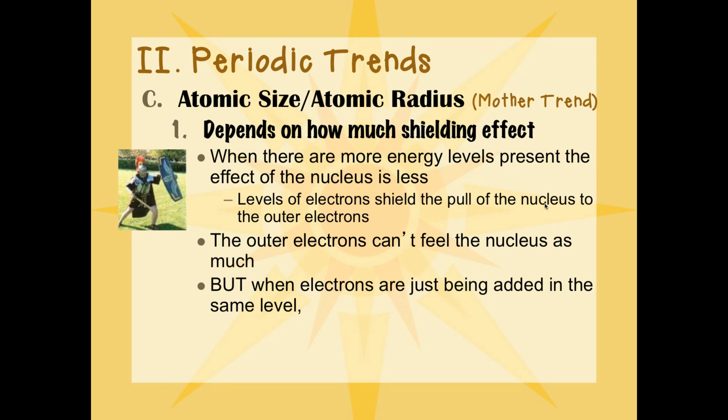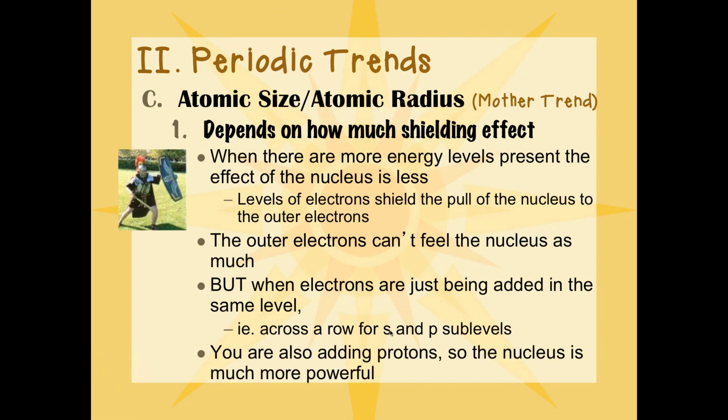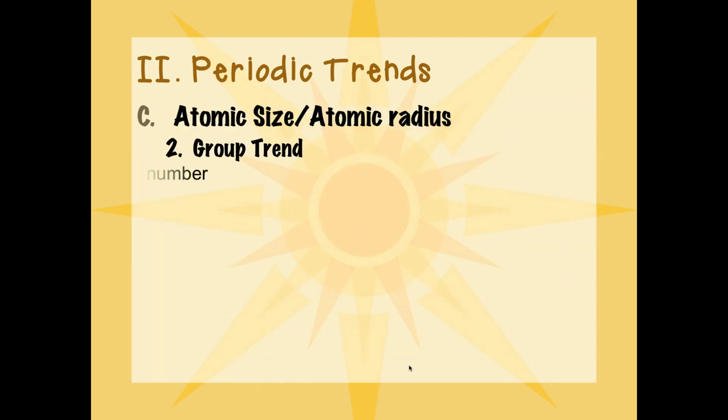But if you're adding electrons in the same level, for example as you go across a row of the periodic table, you're not adding energy levels, you're adding electrons in the same level, but you're also adding protons, so the nucleus is more powerful. So when you go across a row, the nucleus gets much more powerful, but there isn't any more shielding. So actually the nucleus is way more effective as you go across. With that in mind, that brings us to what the actual trend is.